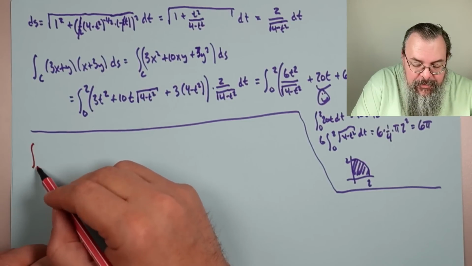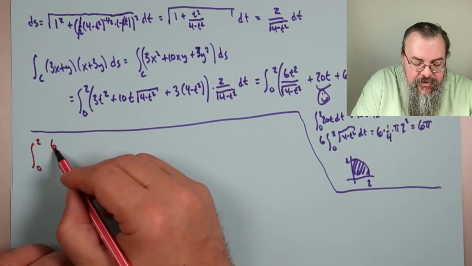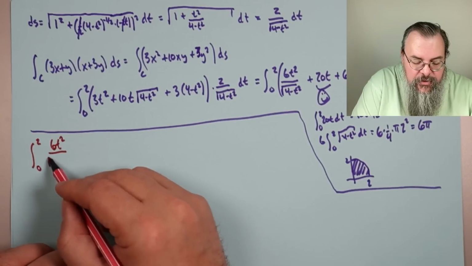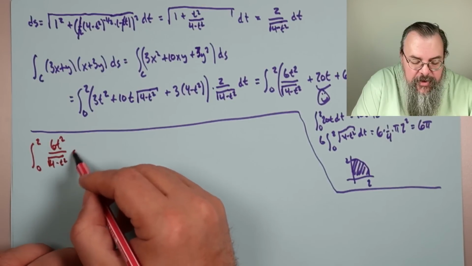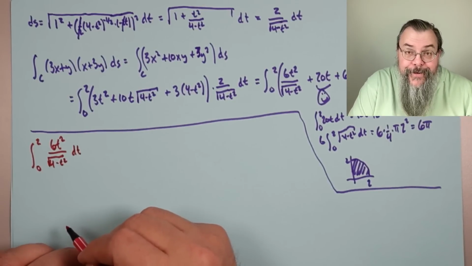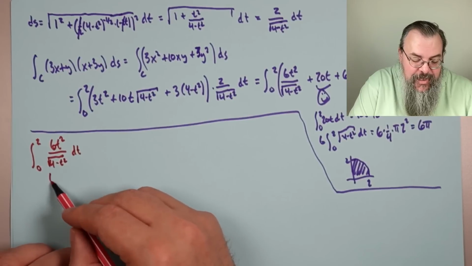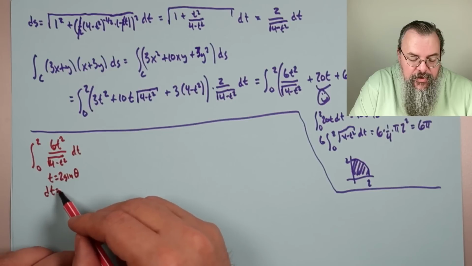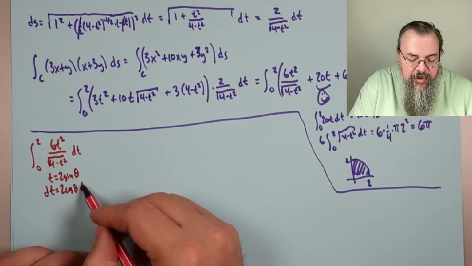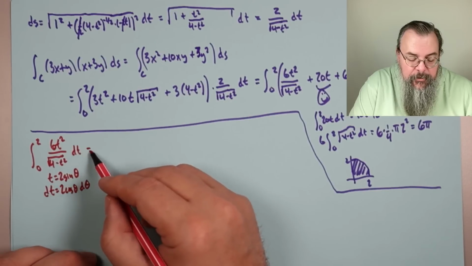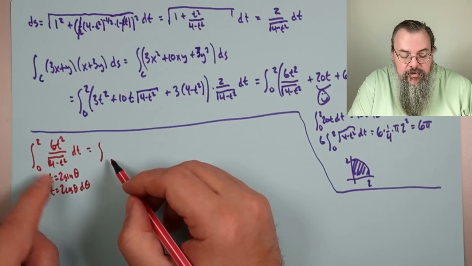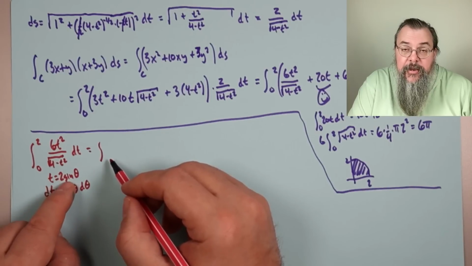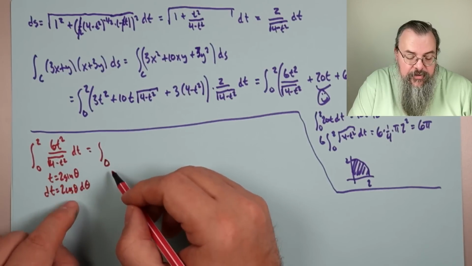All right, so how do you integrate something like 0 to 2 of 6t squared over the square root of 4 minus t squared? We use trig substitution. t is 2 sine theta, dt is 2 cosine theta d theta. When t equals 0, sine of theta needs to be 0, so that's the angle 0.